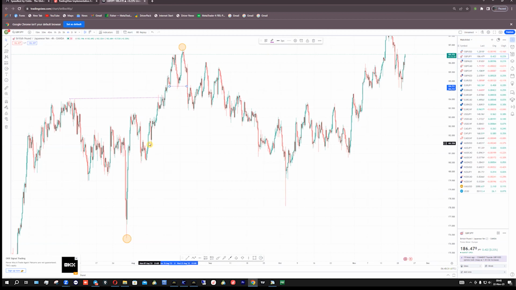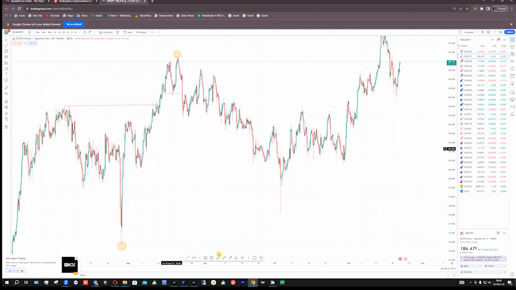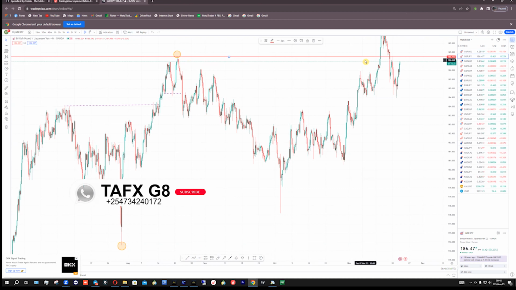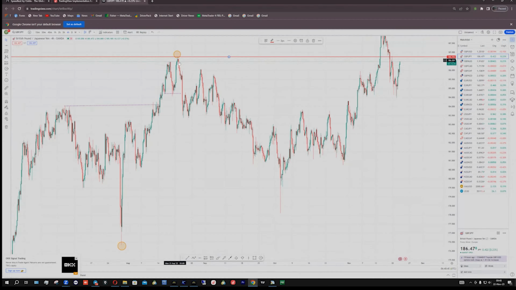All right, guys, so we said after getting the higher high, the next thing you are going to do is wait for the market. After getting the higher high, the next will be a higher low. And we get the higher low the moment the market breaks our last higher high.